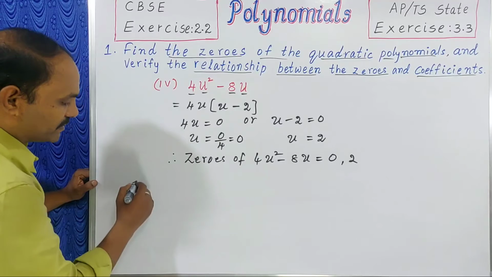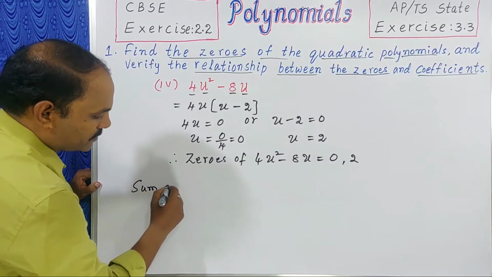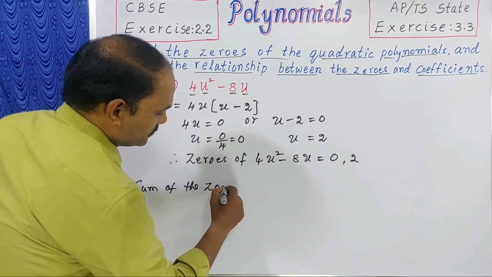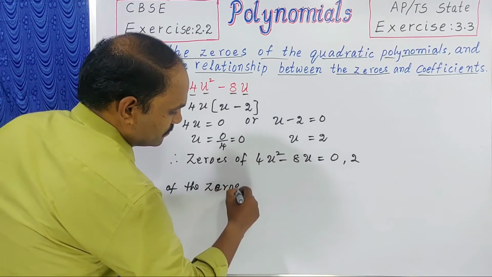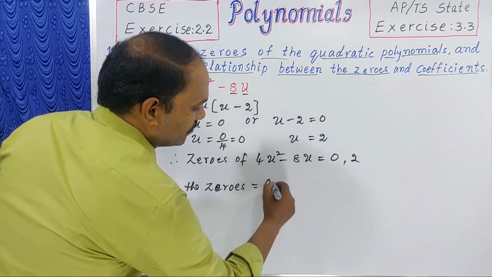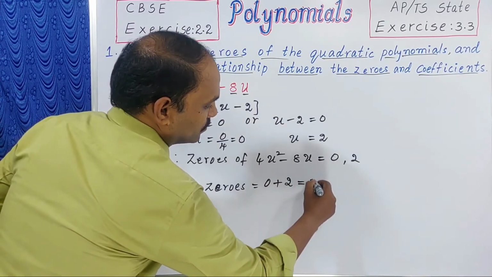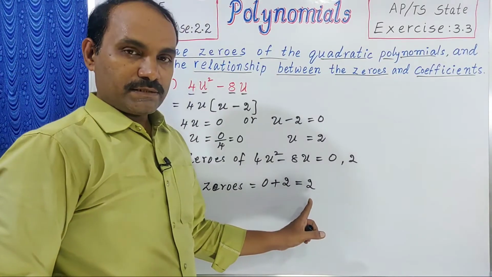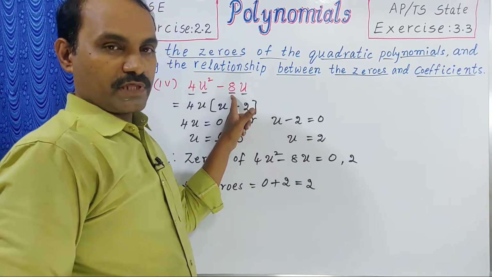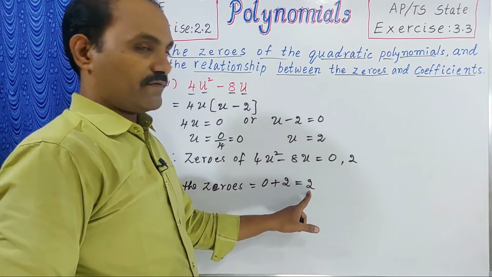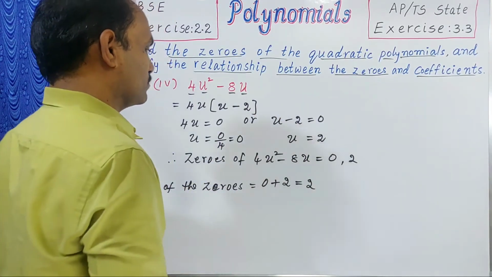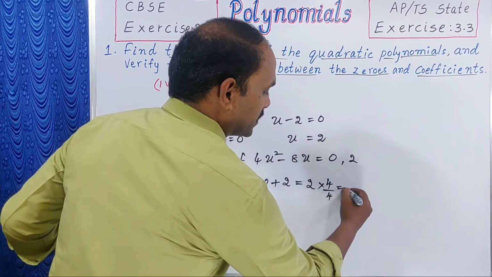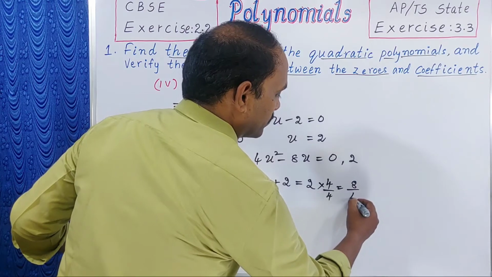Now check out this one. Sum of the zeros: 0 plus 2, 2 only. Then this 2 can be written as, 8 is there, that's why multiply with 4 by 4, then 8 by 4.